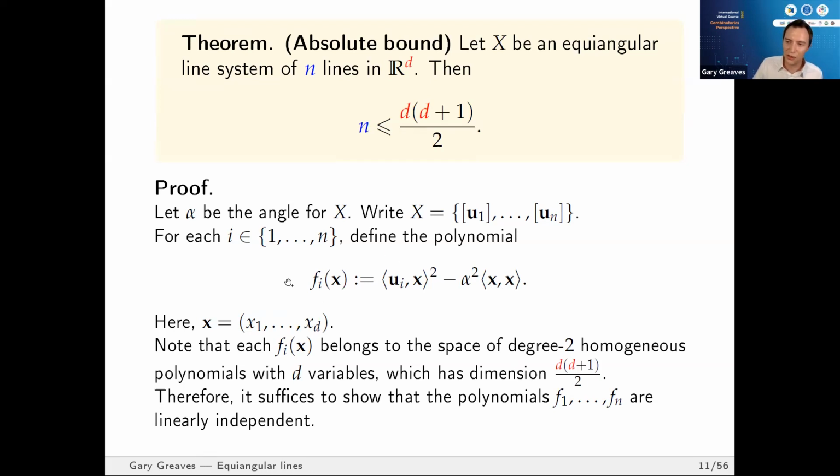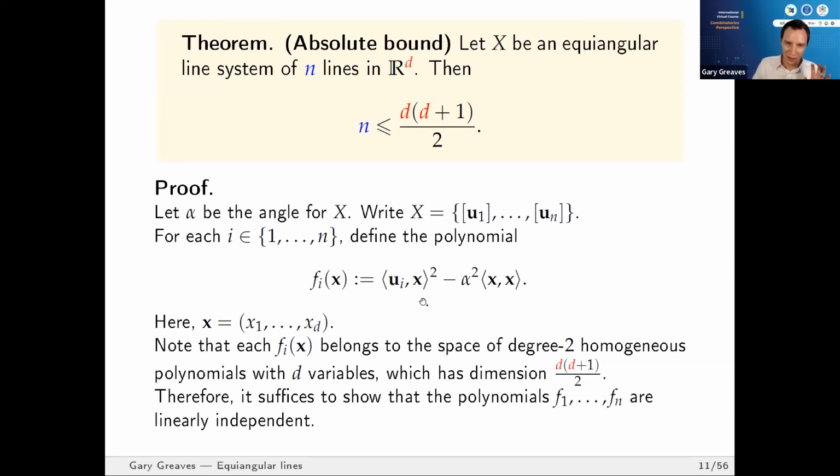So each of these polynomials, all the monomials have degree 2, so we call it a degree 2 homogeneous polynomial, and it has d variables in total. The variables are just x1 up to xd. So it's a multivariate polynomial with d variables. And so because of that, we can use the fact that homogeneous degree 2 polynomials with d variables form a vector space.